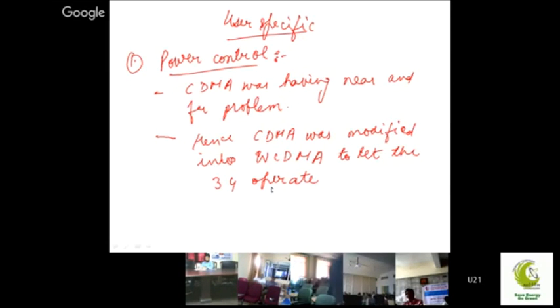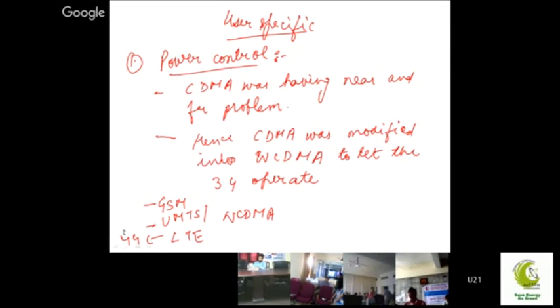But in some smartphones it is written that if you want to use GSM, UMTS or WCDMA, or LTE, they are using the technical terms, but in some cases it is simply written 4G, 3G or 2G.